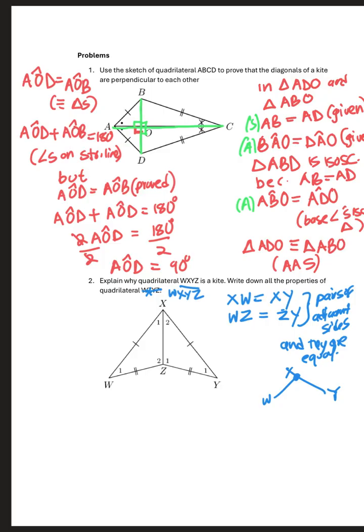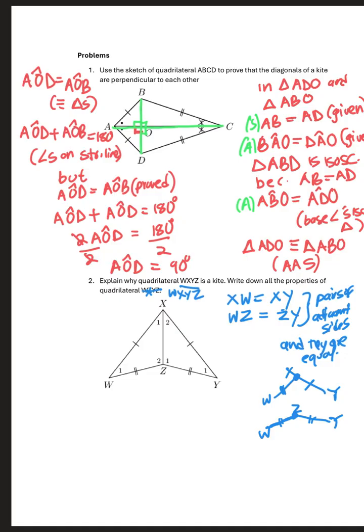And we also see that WZ and ZY are adjacent sides because they share a common vertex. We are given that WZ is equal to ZY, so they are adjacent sides. And also we see here WX is equal to XY. They are adjacent sides.